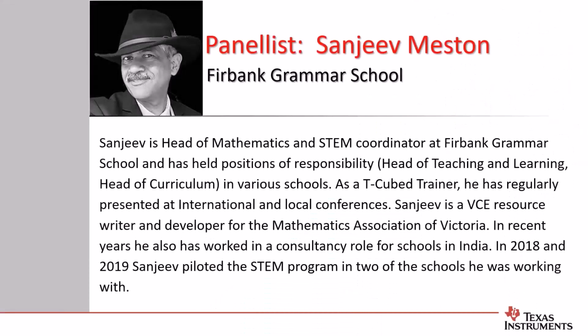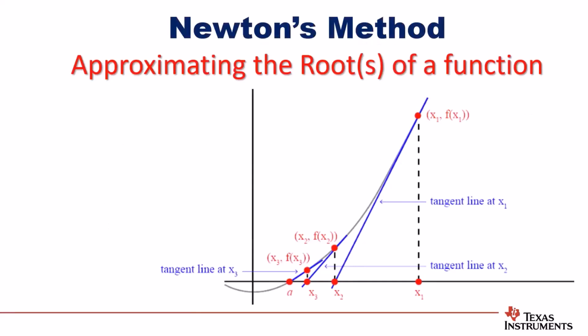So that's me. Brian has already introduced me, and that's a static screen I've got. So I'll be running most of my presentation using PowerPoint. So you can actually see I've got a function there, and I'm starting with an initial point there, which I'm going to demonstrate.